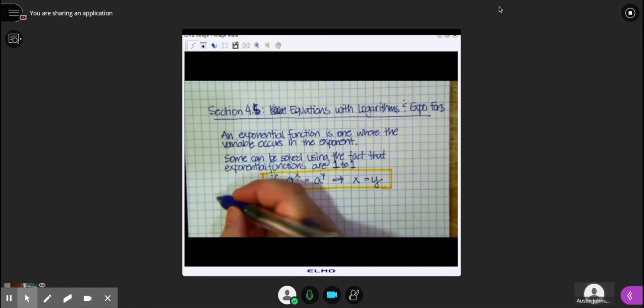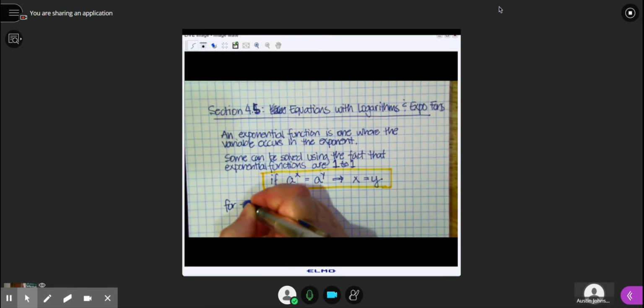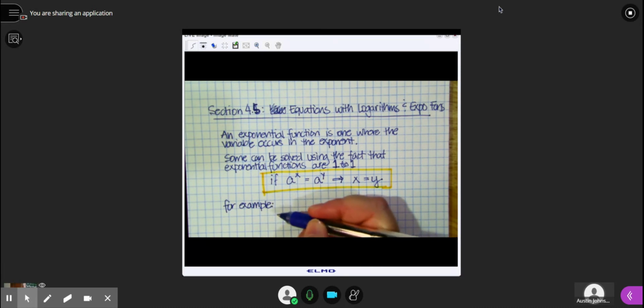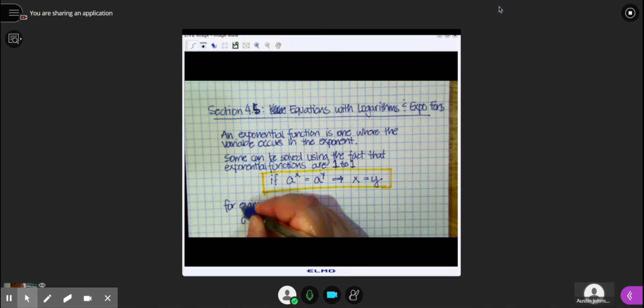All right, for example, given that 3 to the x is equal to 343.